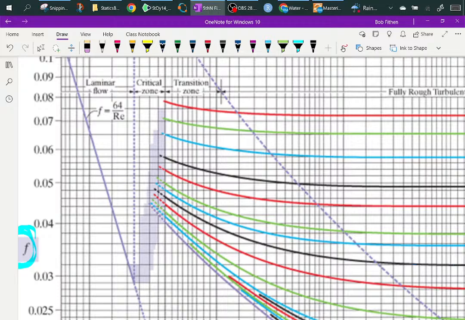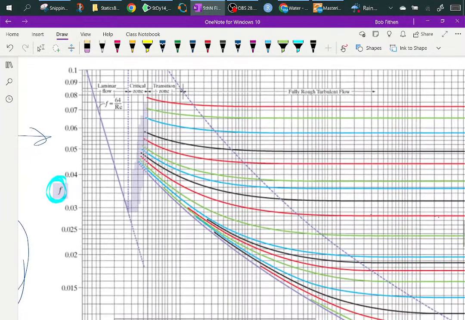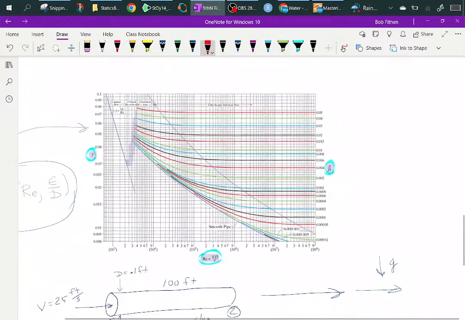There's a huge nonlinearity in fluids, and that's what's creating this. But if you're going slow enough, in laminar flow, you realize it's only a function of the Reynolds number, and it looks like that. Really simple. But if you get over in here, it's a much more difficult relationship.